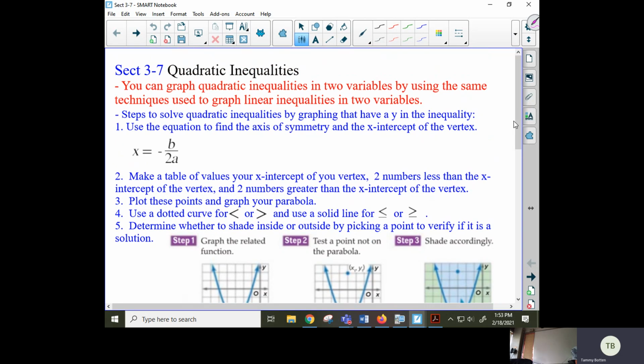Okay, so today we are going to learn how to graph and solve quadratic inequalities. A quadratic inequality is something that has an x squared, something like this, and it has a greater than, less than, greater than or equal to, or less than or equal to sign.